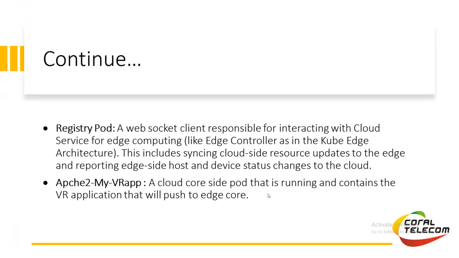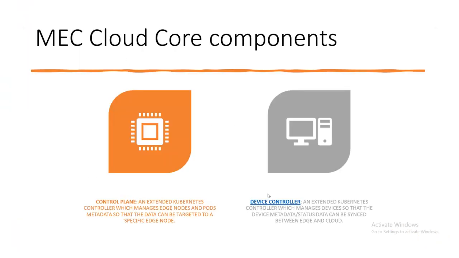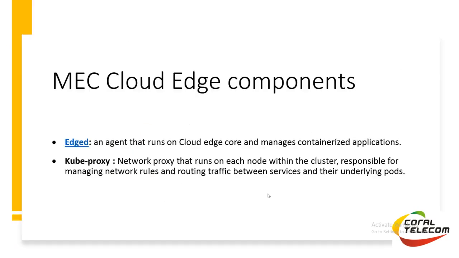Earlier we discussed the four components of the cloud core. Now let's continue with the MEC cloud edge components. The first component is EdgeD. It's an agent that runs on the cloud edge core and manages the containerized application.